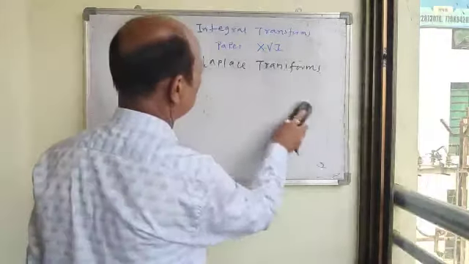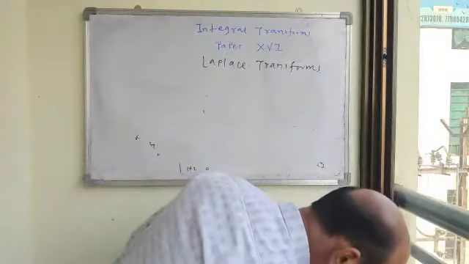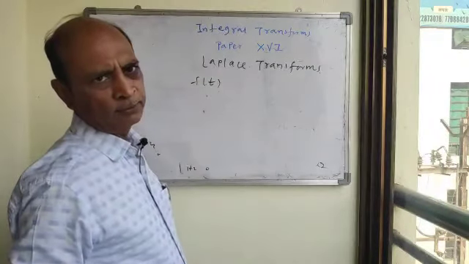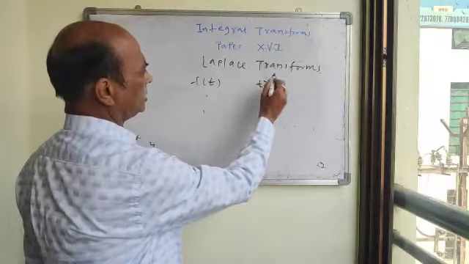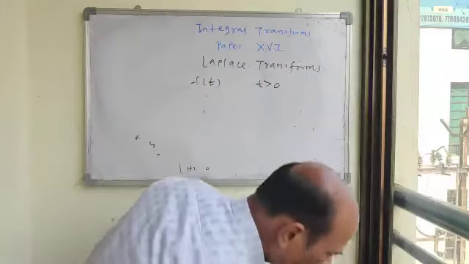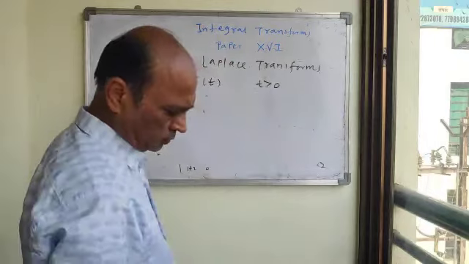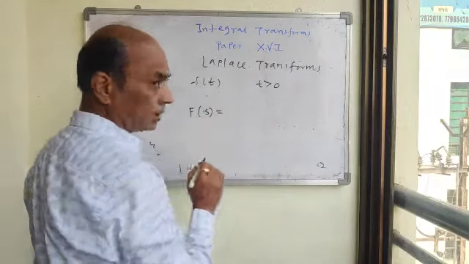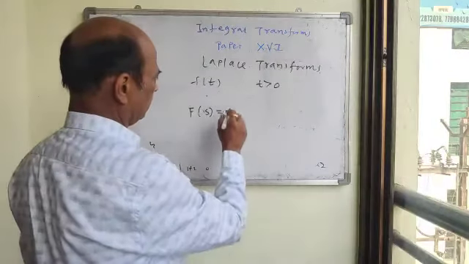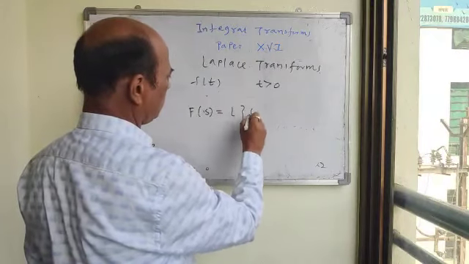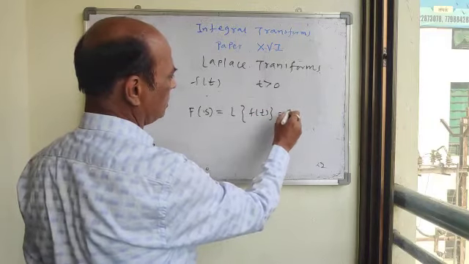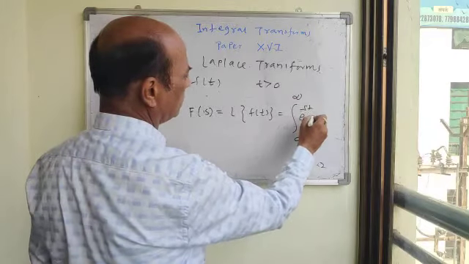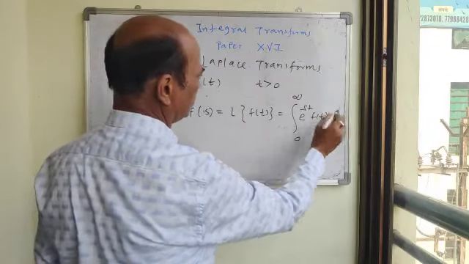Let us see the definition of Laplace transform. Suppose that there is one function f of t for t greater than 0. Then capital F of s, that is L of f of t, the Laplace transform, is the integration from 0 to infinity of e to the power minus st times f of t dt.